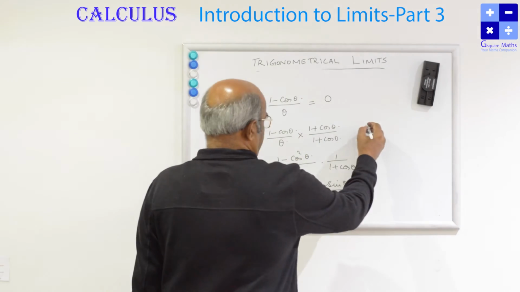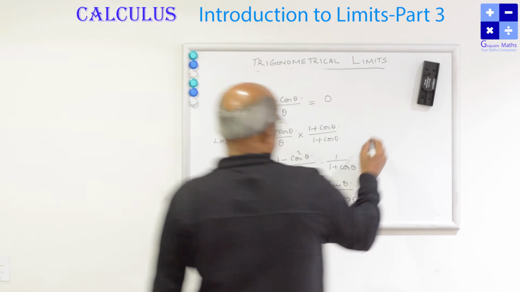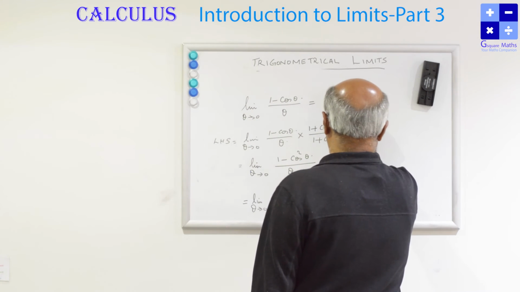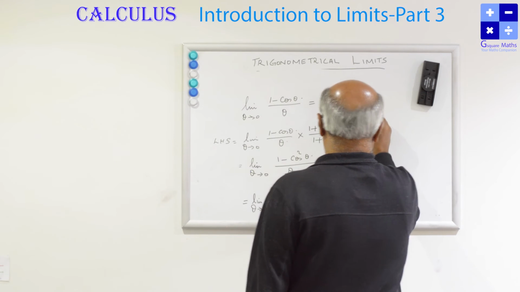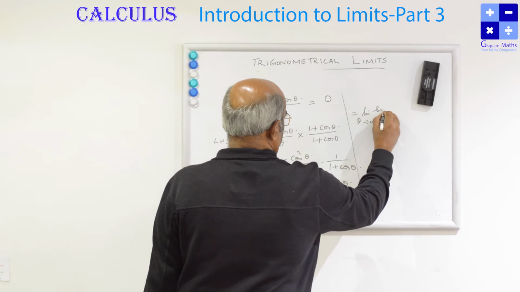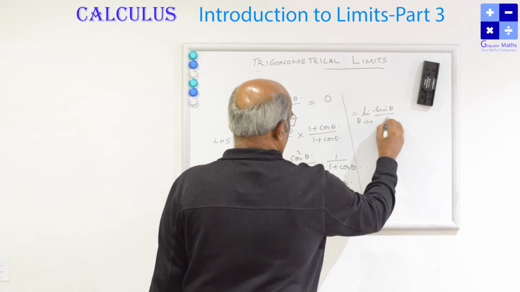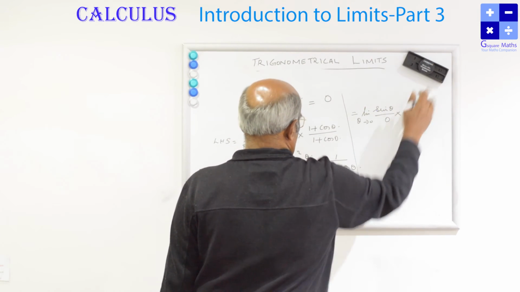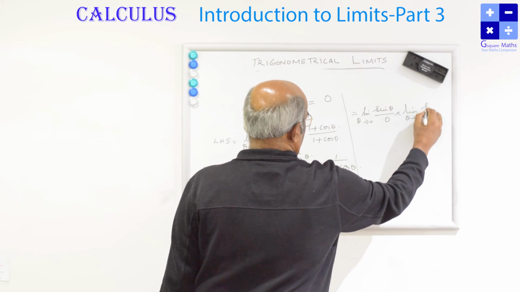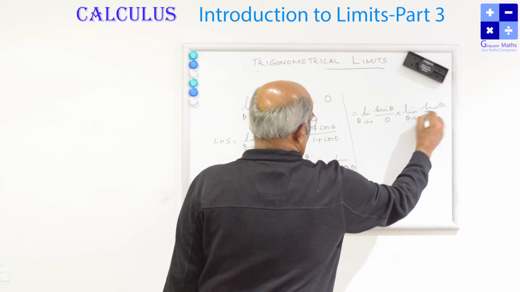So now the algebra of limits says this can be written as limit theta tends to 0 of sin theta by theta into limit theta tends to 0 of sin theta by (1 plus cos theta).